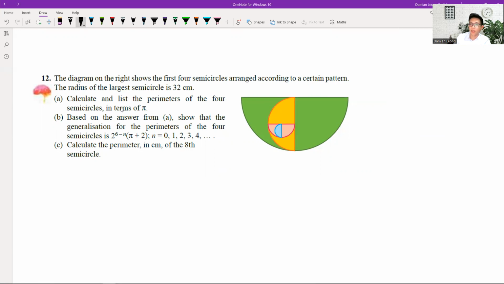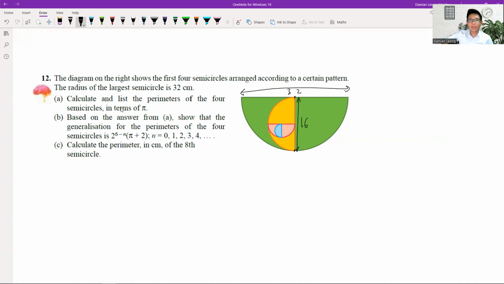The largest semicircle radius is 32 cm, so this one is 32. Each of these becomes half of it. Basically, from the middle to the circumference is the radius. So it keeps becoming half of the radius.